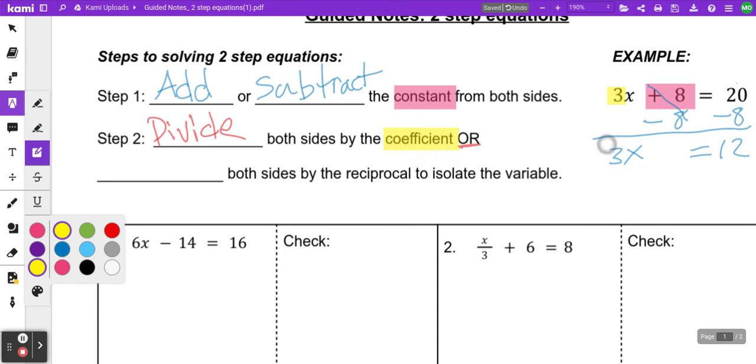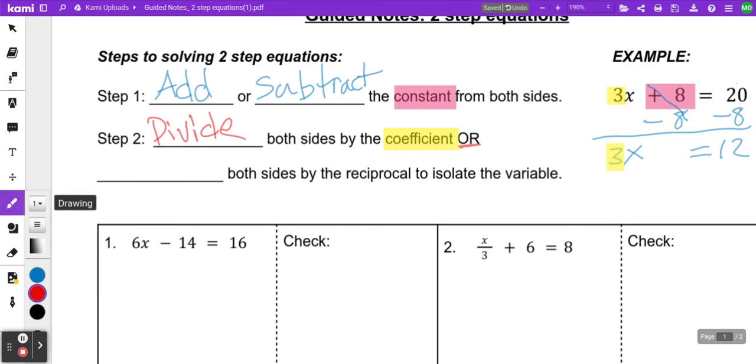So our coefficient is this 3. Now, sometimes you have a fraction or a division, and the opposite of division is we would multiply by the reciprocal. Okay. And remember, the reciprocal means we take a fraction and we flip it over and multiply.